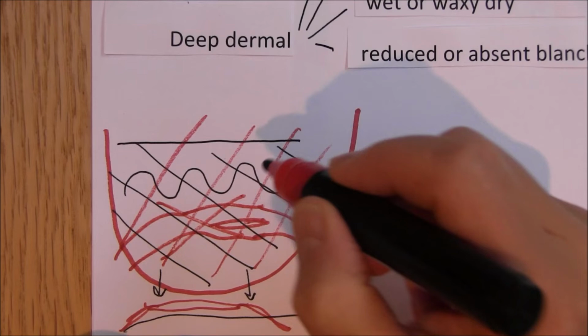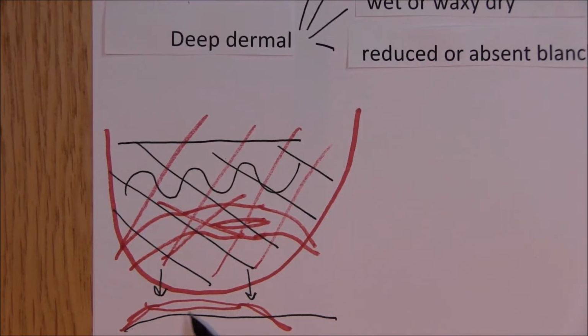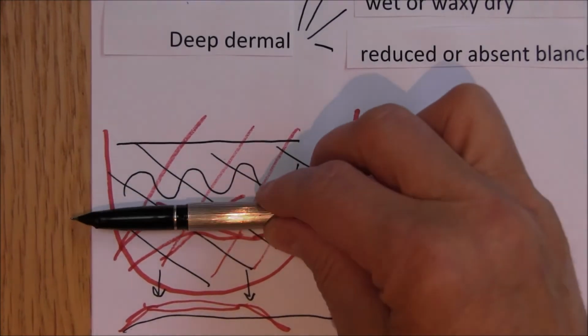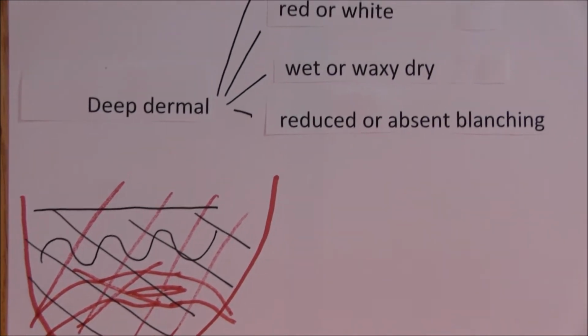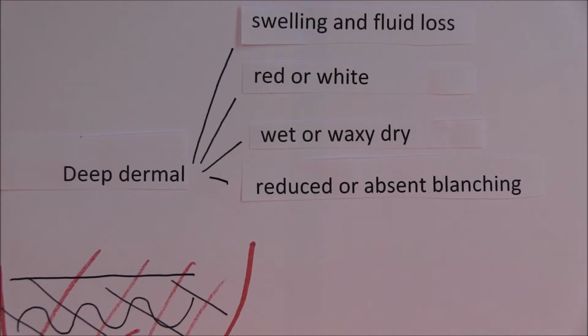They're no longer there. The only ones left to blanch are the small, limited number that are left deep in the dermis. So you get progressively less blanching as you burn away more of the dermis, because you're burning away more of the blood vessels.